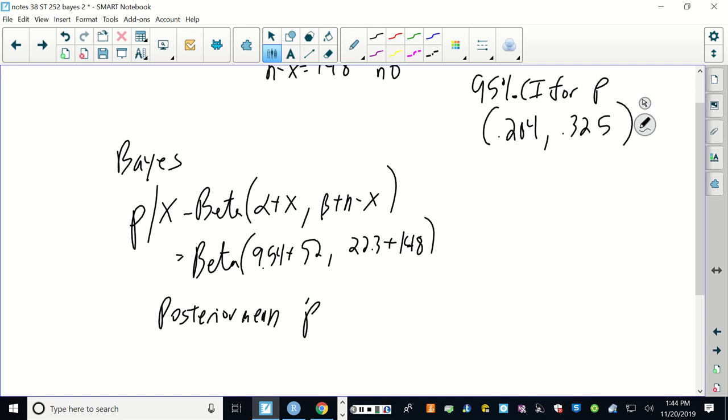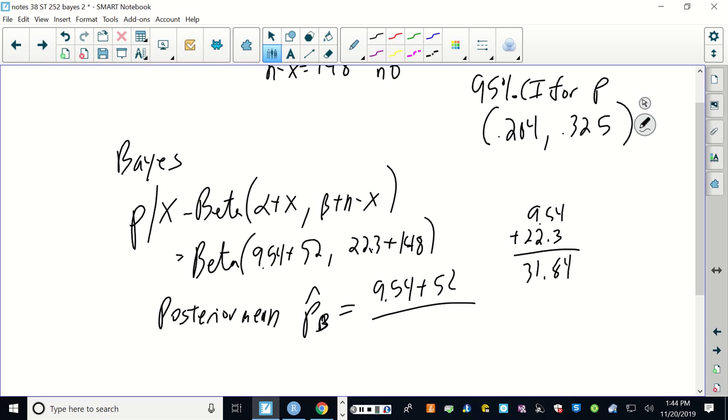estimate, the posterior mean, so kind of the p-hat, the Bayesian estimate of this, is we'll take 9.54 plus 52, the first parameter, over the sum of those next two. So a priori 9.54 plus the 22.3, like 31.84, plus our 200 people.